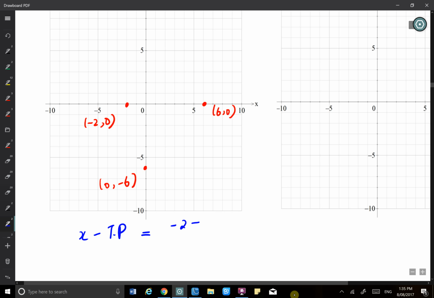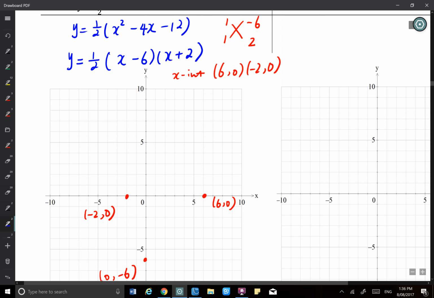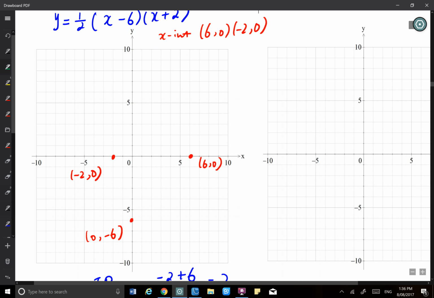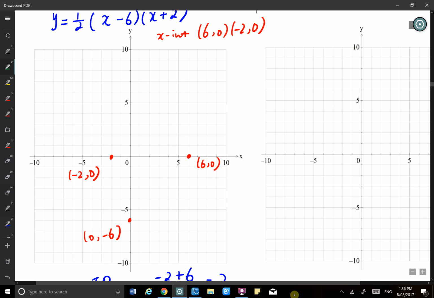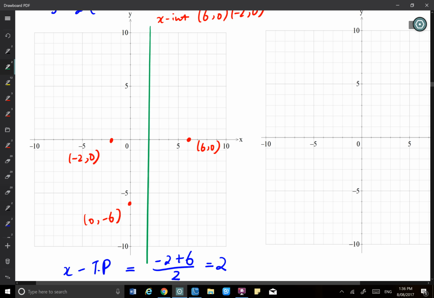Minus 2 plus 6, then divide by 2, you have 2 here. So your turning point must be on this line, x equals 2. You have (0, negative 6) here, then you must have (4, negative 6) here. Okay, symmetrical points.